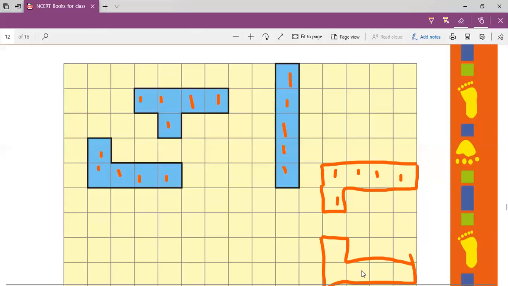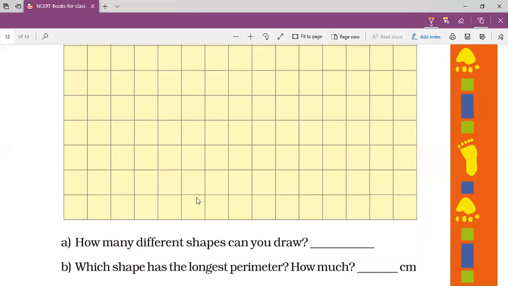Draw this in your textbook itself, so it will be easy for you. Let's go ahead. What they have asked is how many different shapes you can draw. After drawing the shapes, you have to count how many different kinds of shapes you have drawn and write the answer.